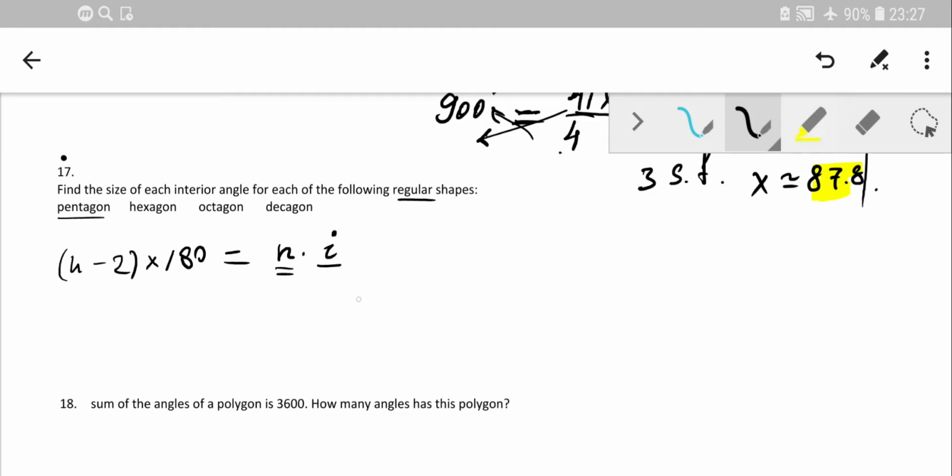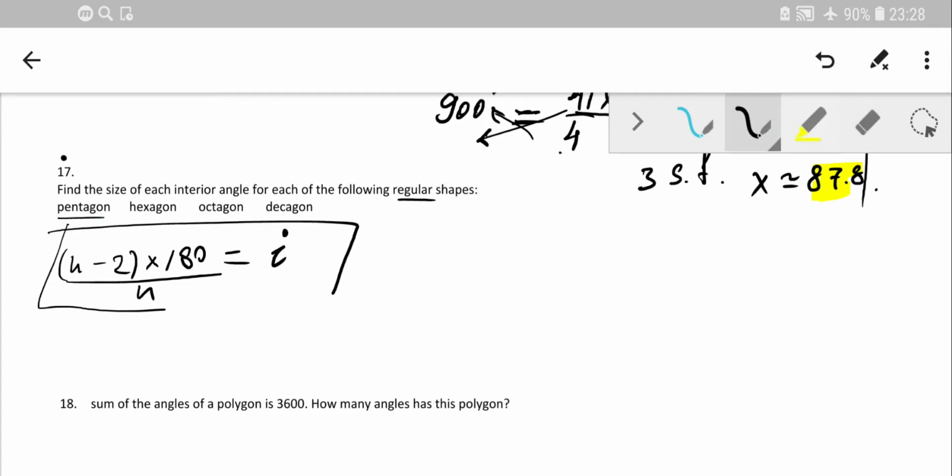For an n-sided shape we have n equal angles. So in order to find I itself, we just simply divide by n. So we cancel it here and n appears in the bottom part. So simply we can use this formula for I.